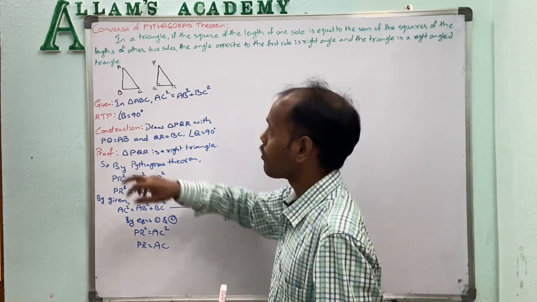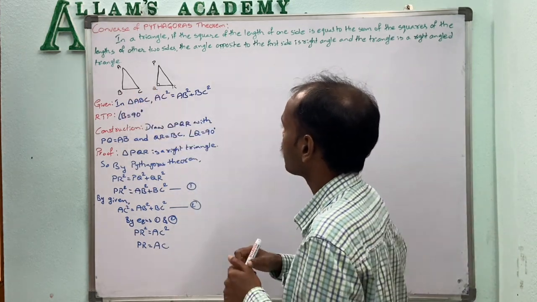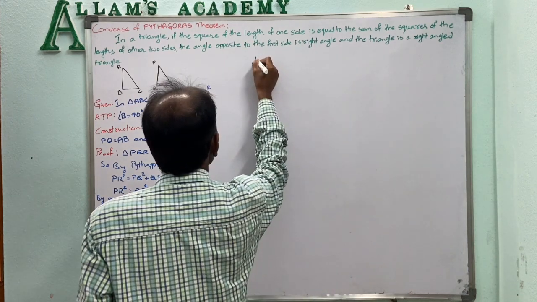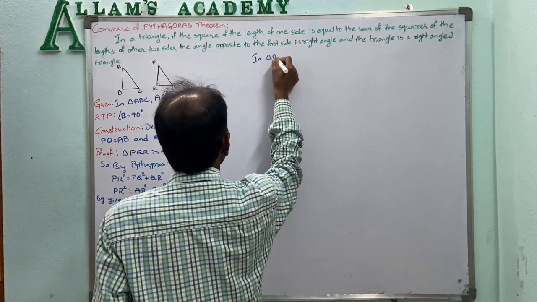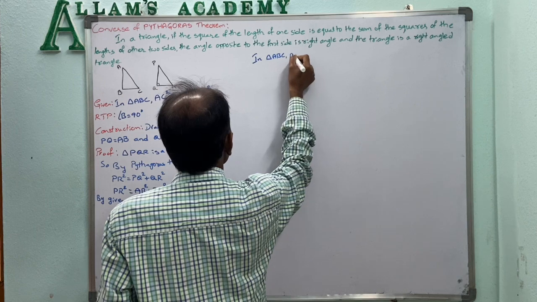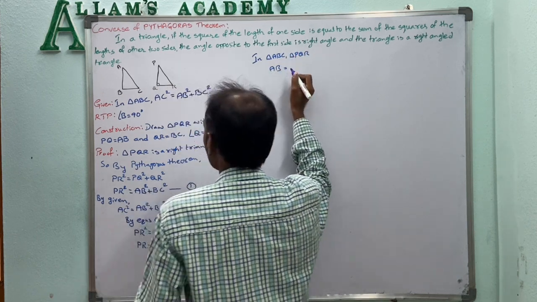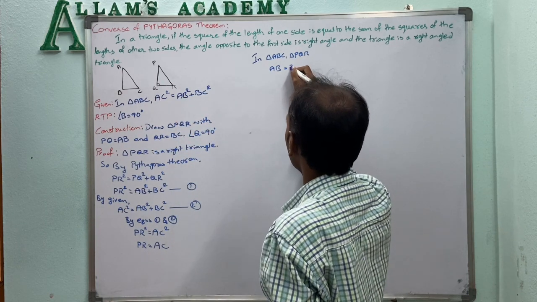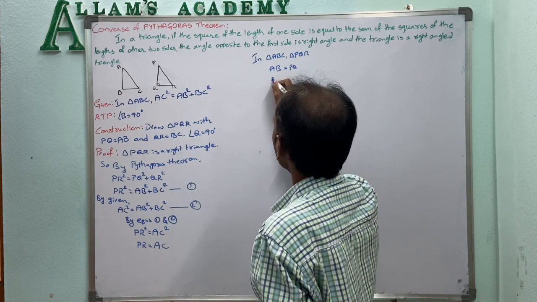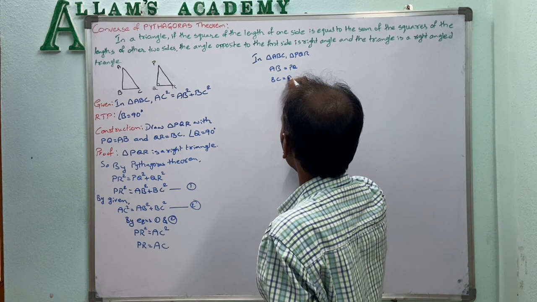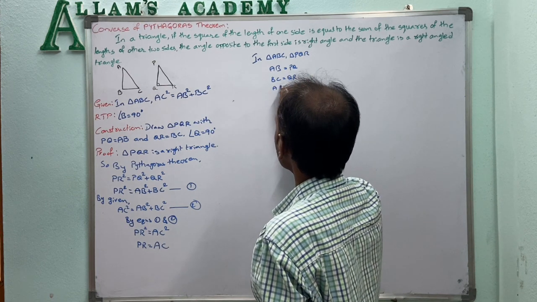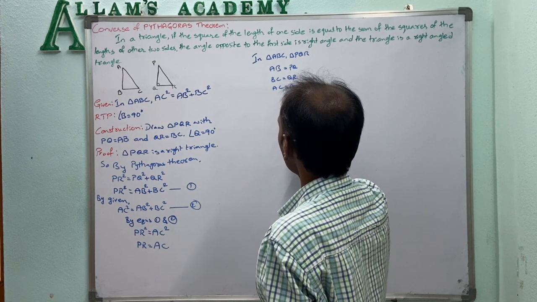Now if we compare triangle ABC and triangle PQR, AB side length is equal to PQ, BC side length equal to QR, and AC side length equal to PR.